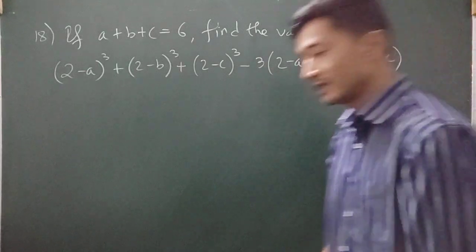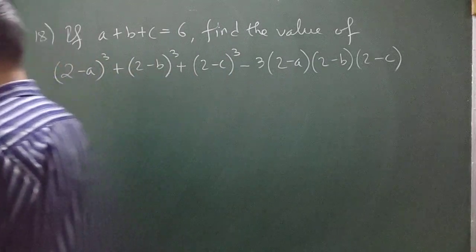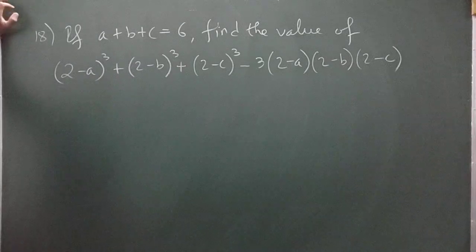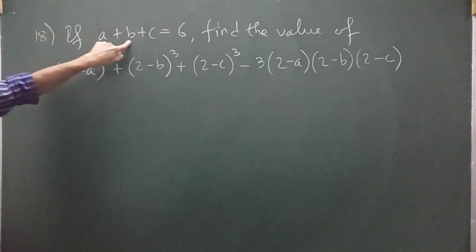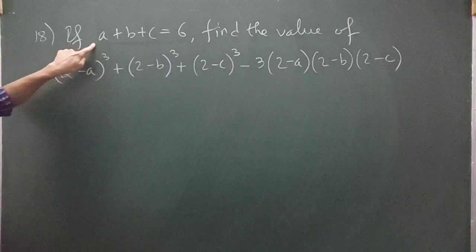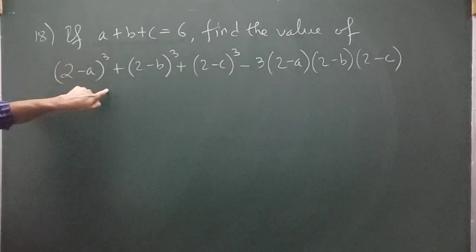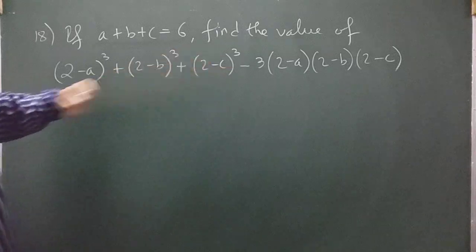I'll just do the basic, traditional way. So the value of a plus b plus c is equal to 6. That means again here also there is something fishy. Why would they give you this? So with this knowledge we will find out this value.